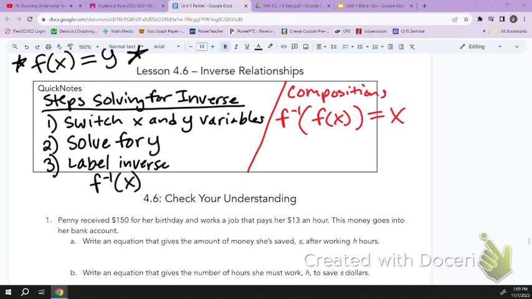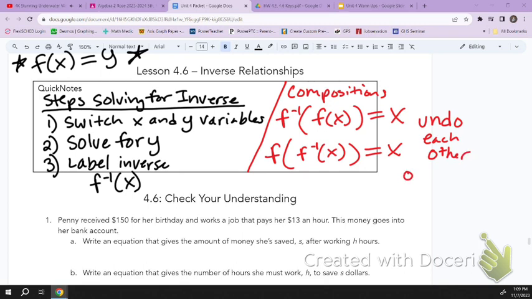We're actually going to do an example of that and check for understanding. But an inverse and its original undo each other. They're opposites. I can say the same for this. If I were to plug in the inverse into the original function, they undo each other. They're opposites.